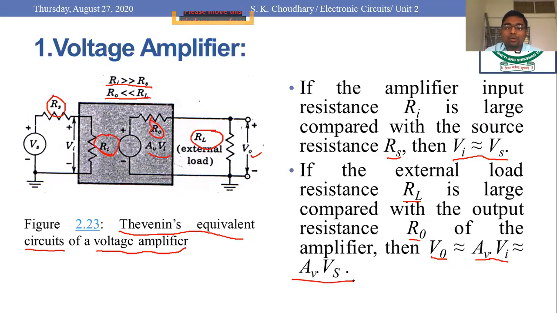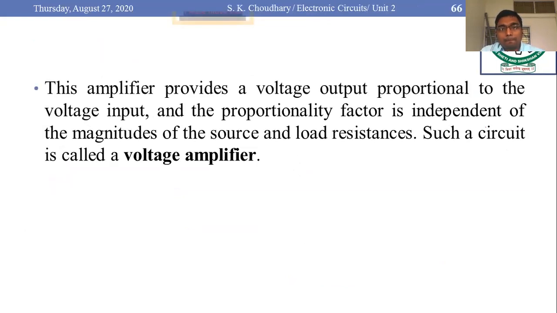So what conclusion do we derive from this? The conclusion is that your output voltage is proportional to the input voltage. The amplifier provides a voltage output proportional to the voltage input, and the proportionality factor is independent of source and load resistance.